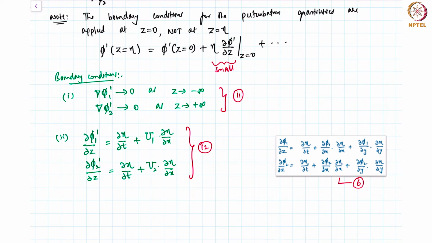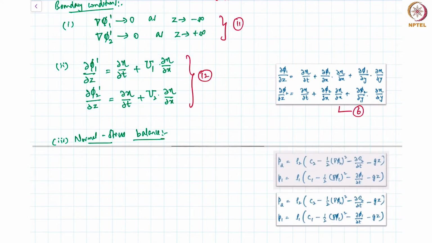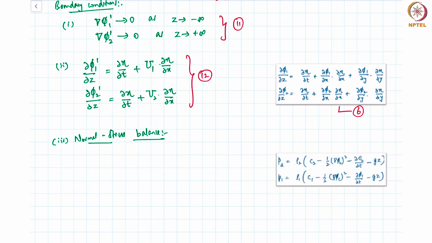It's coming from 6. And finally, we have to write down the normal stress balance. The normal stress balance, again for your benefit, I have put the original normal stress balance term that we had here. This was, I believe, equation number 7.